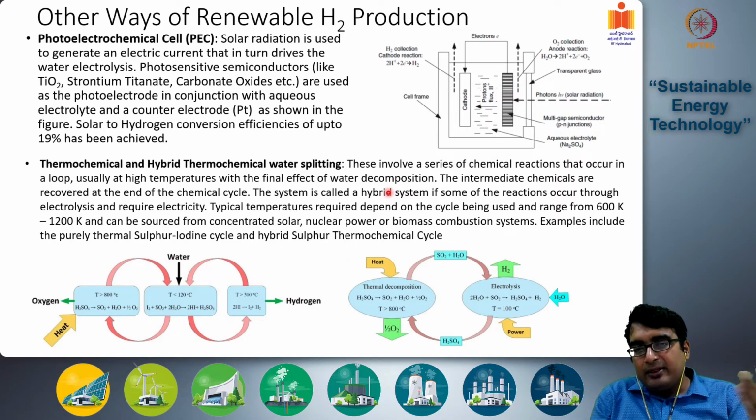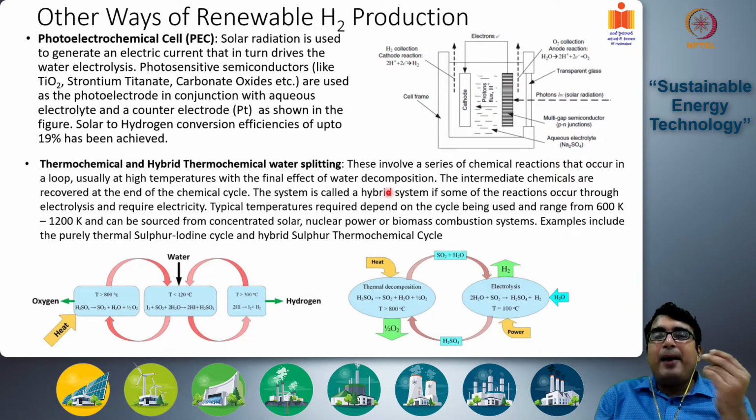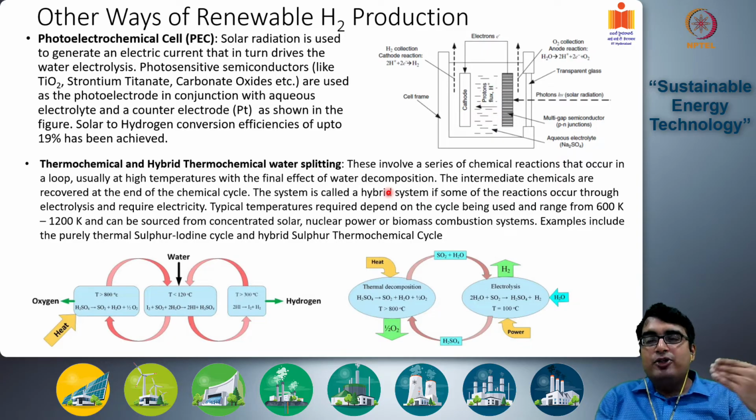There are several other types of hydrogen production, like biomass gasification to produce syngas. Then you can convert that syngas through what is called a water gas shift reaction to produce more hydrogen and carbon dioxide. That is also a renewable way as long as the biomass is sourced renewably.